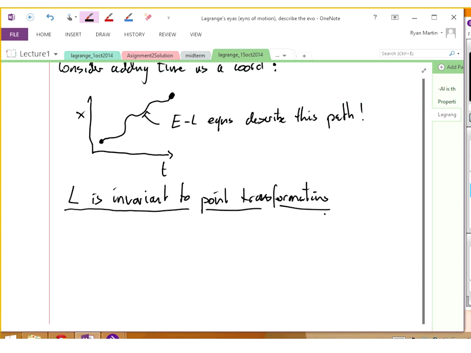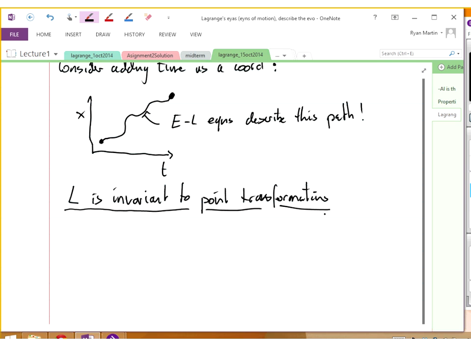So it's a number, right? You can take the system at any point in time, and you can calculate its kinetic energy. That's a number in joules. You can calculate its potential energy, and you can calculate this quantity that's called L. And we know that when we write L as a function, applying the Euler-Lagrange equations to L gives us the path of the system through time and space, right? But L is just a number that you can calculate and actually put in a value in joules. We call it excess kinetic energy, right?